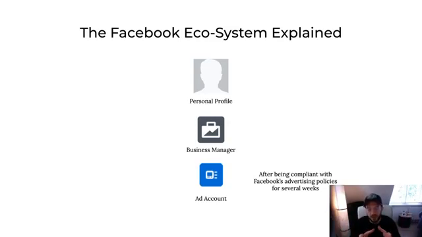Okay, the quickest way to get 5 ad accounts is by doing 2 things. Number 1 is verifying your business manager as an official business. That usually 80 to 90% of the time will unlock the 5 additional ad accounts, or by being compliant with Facebook's advertising policy for several weeks, which means that your ads are not getting rejected or banned, etc. And yes, it is true, you will need to pay.